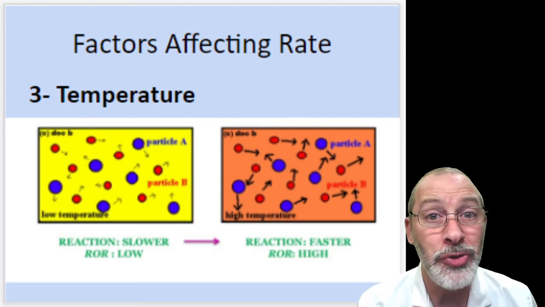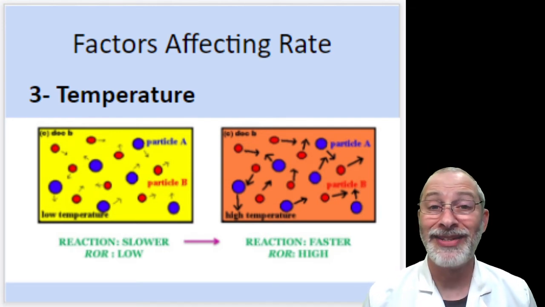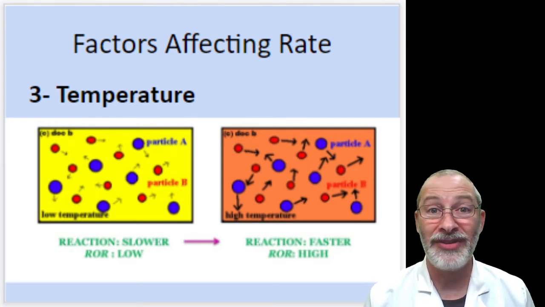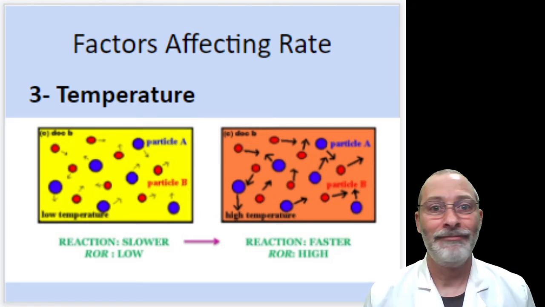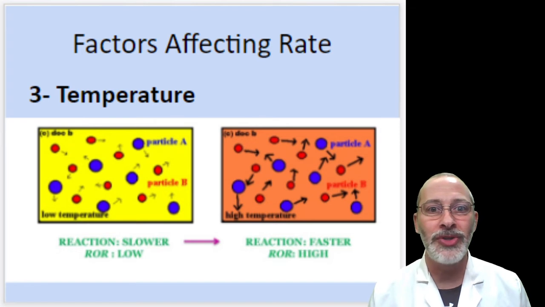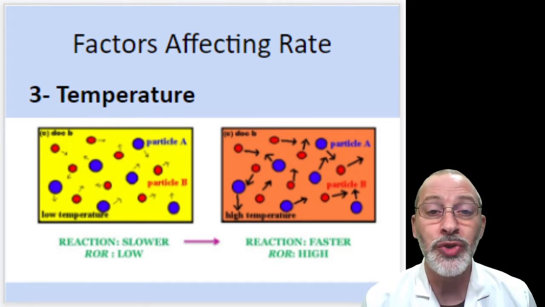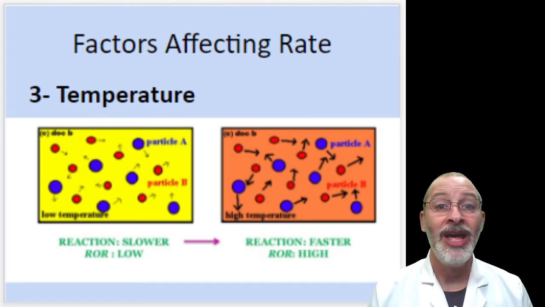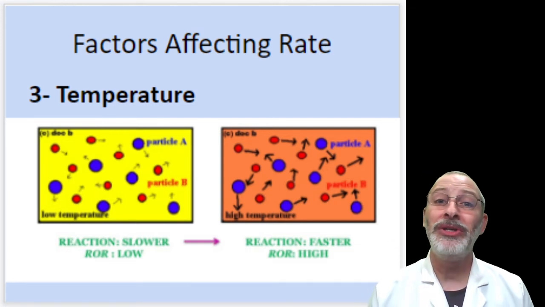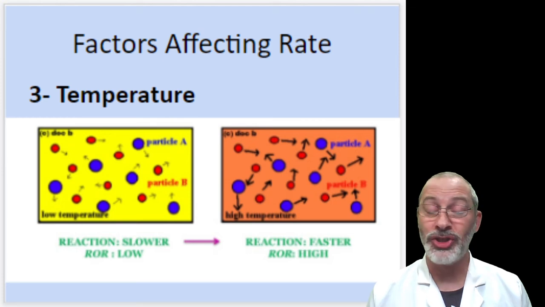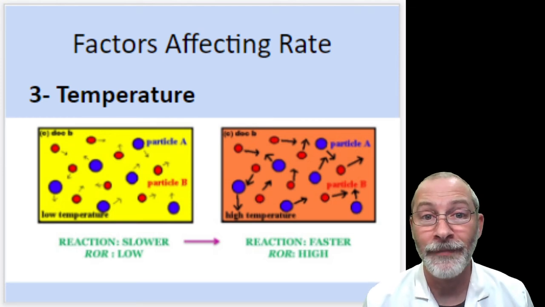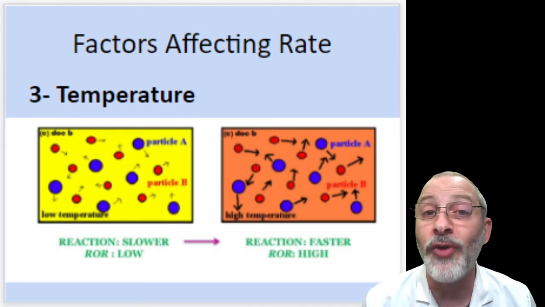So frozen food will last a lot longer than food left on your kitchen counter at room temperature. Why? It's chemistry, folks. Lower temperatures will lower the rate of reaction. Higher temperatures will increase the rate of chemical reactions. It's just a matter of chemistry. And that brings us to number 4.